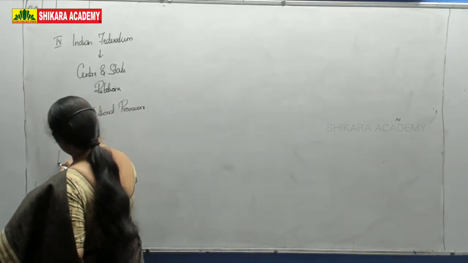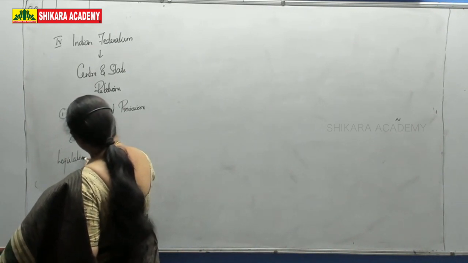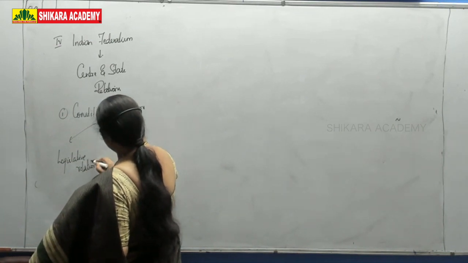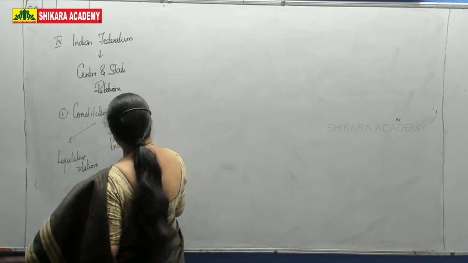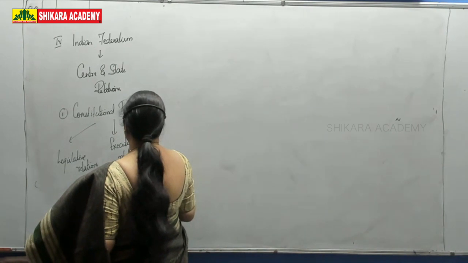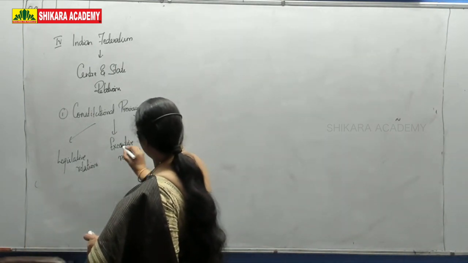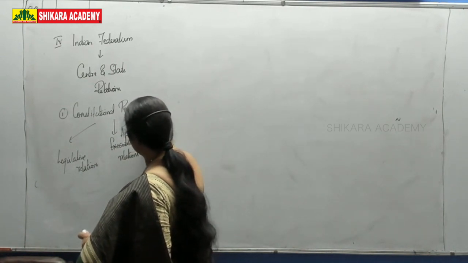Constitutional provisions are divided into 3, because there are 3 parts in it. The first is called legislative relations. Second is called executive relations. And the third is called administrative relations.